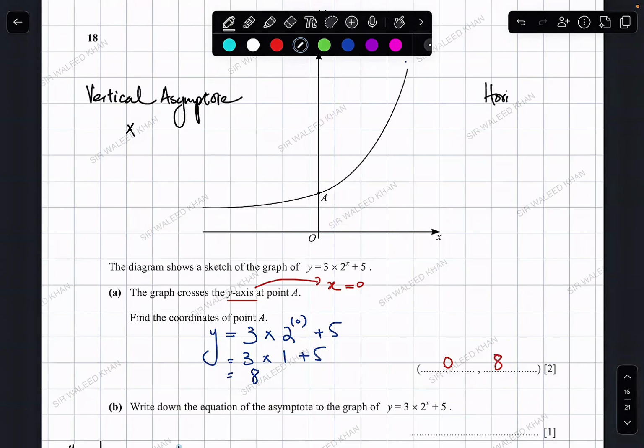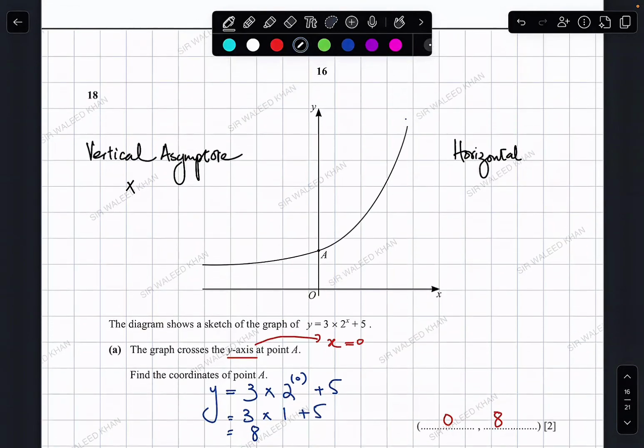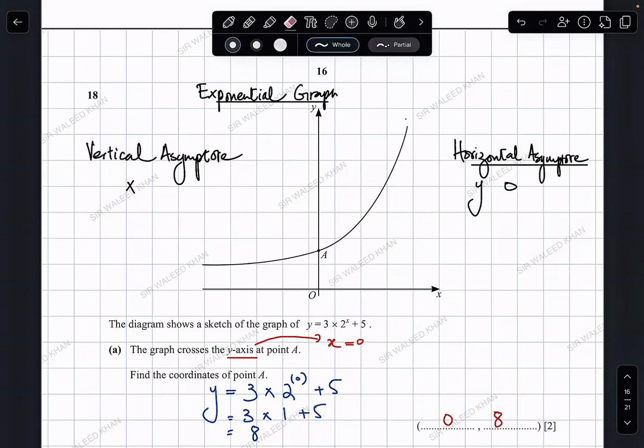Horizontal asymptote, and I'm talking about an exponential graph, the horizontal asymptote will be 0. Horizontal asymptote will be 0.